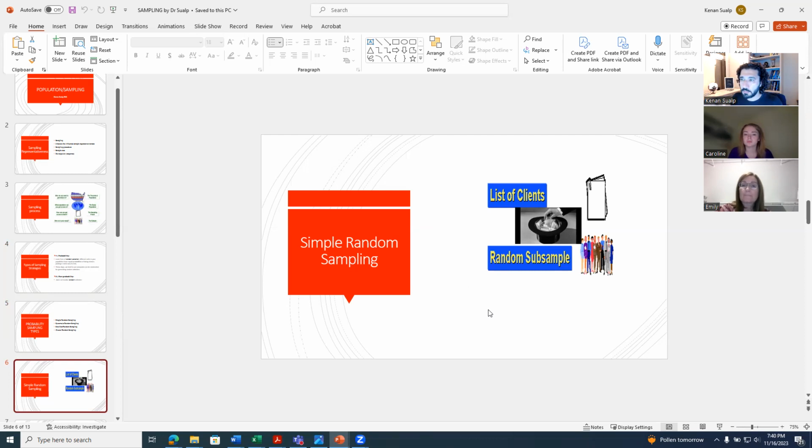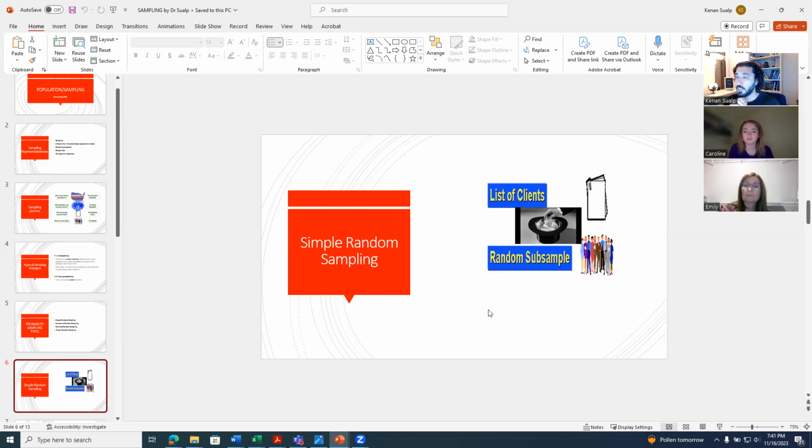Every single member of the population's name is in the hat, and you are just taking from the hat randomly and putting it in your sample. And then finally, when you have enough sample, you close it, and those are the people that you are going to do your study with.